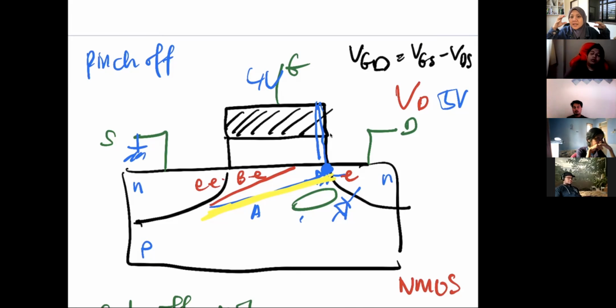The carriers are still being attracted very strongly, therefore the electrons are flowing fast. So the electron have the ability to jump from this emission channel to the drain. So tapi hanya ada limited lah, not all electron will have that capacity to go from the emission channel to the drain. Okay, so that's why you still have current.